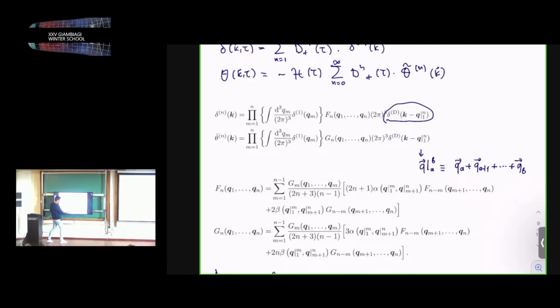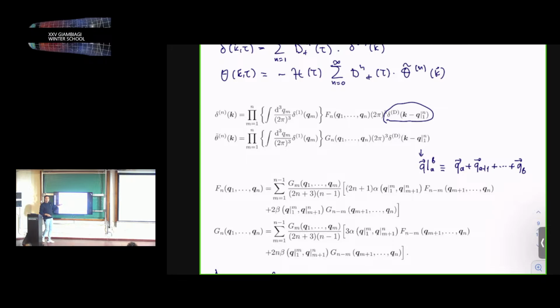You can see that indeed, for example, the Fn solution combines lower order F n minus m and lower order G n minus m with another G n minus m. And this is the consequence of the fact that you have to combine velocity and density with the alpha kernel in the equations of motion, and then two velocities with this beta kernel.